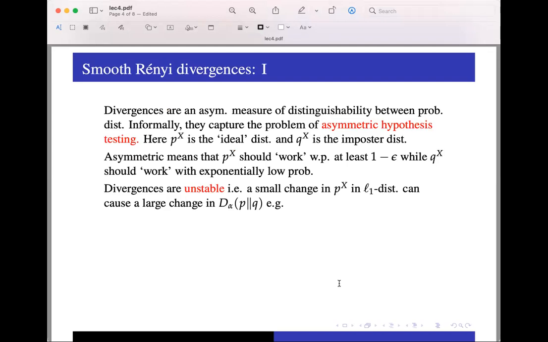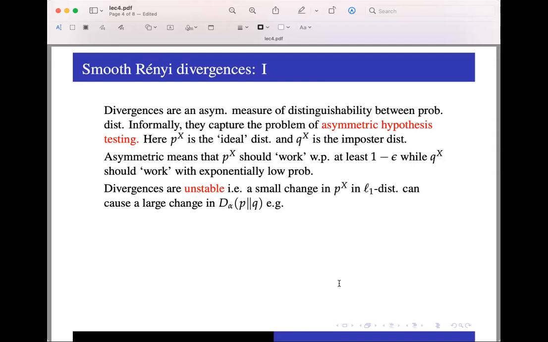Divergences are an asymmetric measure of distinguishability between probability distributions. Informally, they capture the problem of asymmetric hypothesis testing. Here, I'm talking of divergence of P with respect to Q. The interpretation is that Px is the so-called ideal distribution and Qx is the impostor distribution.